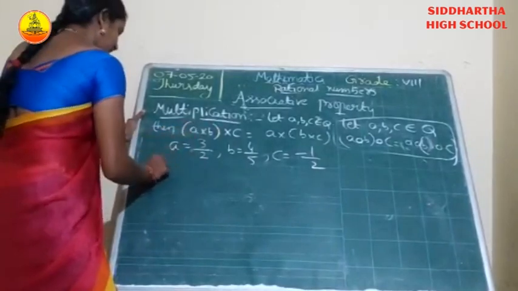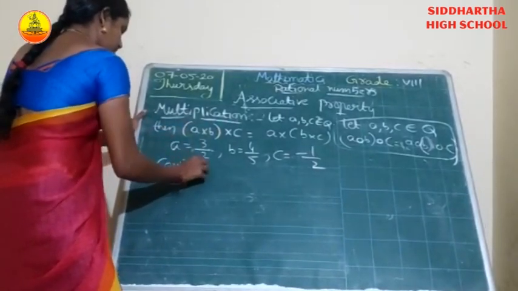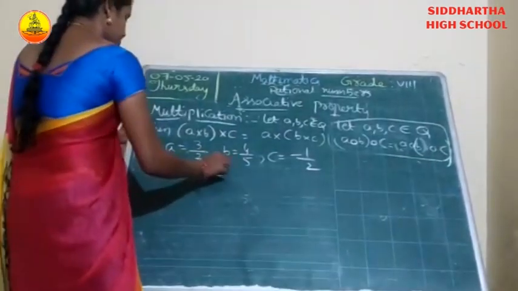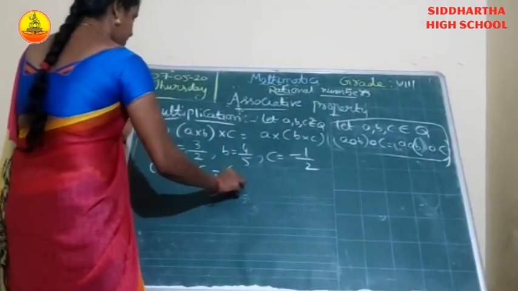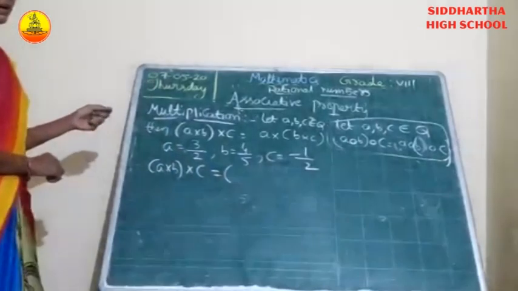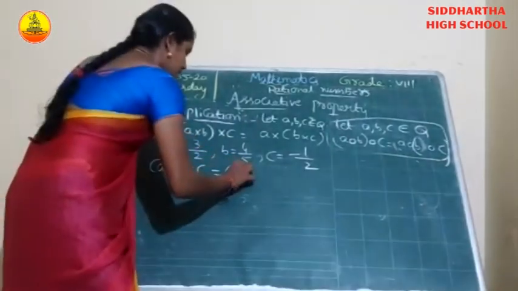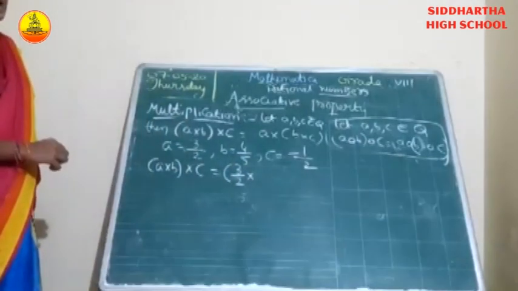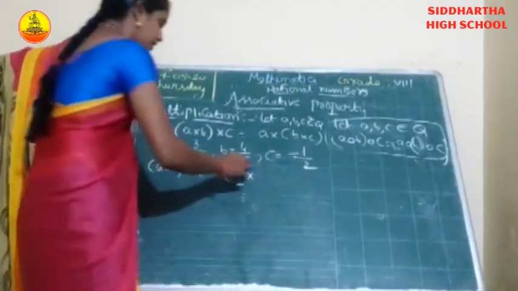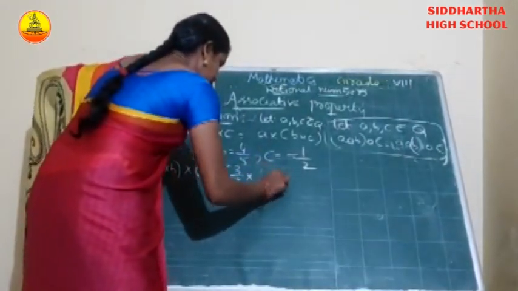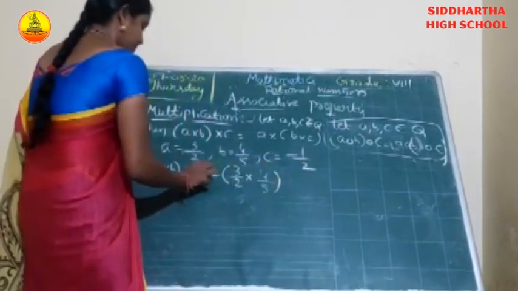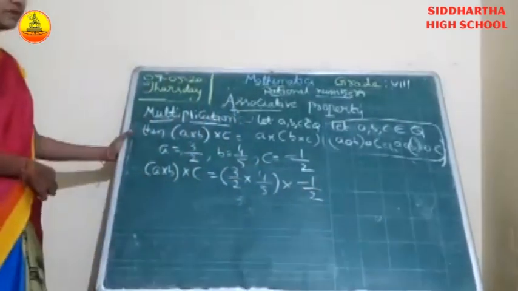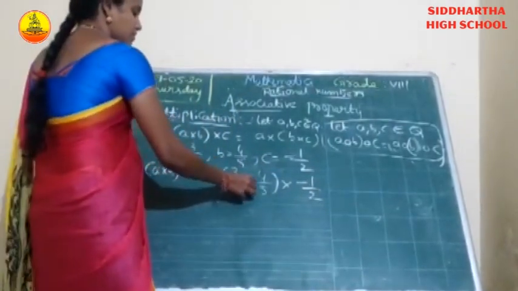What is here? (A into B) into C. First of all, open the bracket. What is the value of A here? The value of A is 3 by 2 into, what is the value of B here? The value of B is 4 by 5, close bracket, into minus 1 by 2. Now here, first you have to solve the bracket.